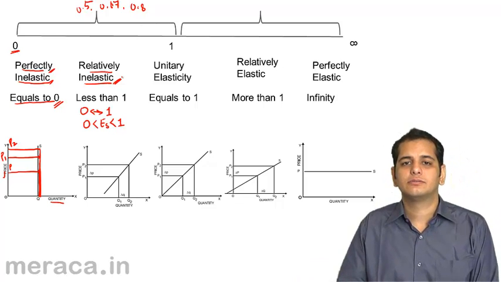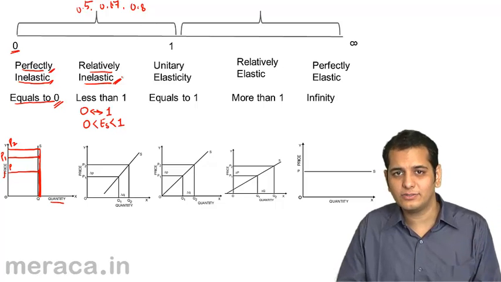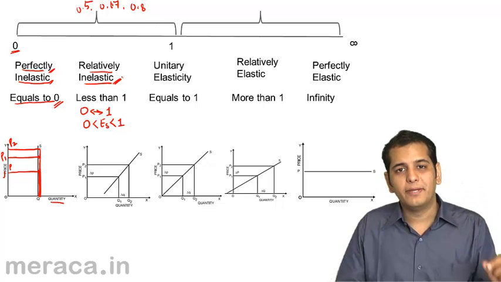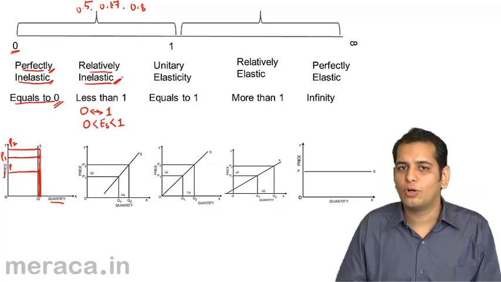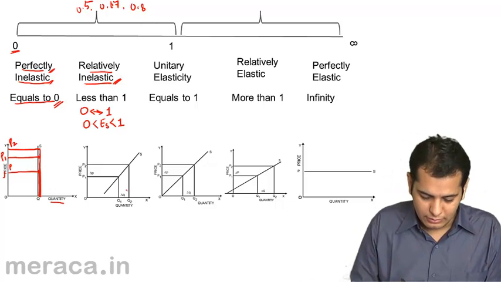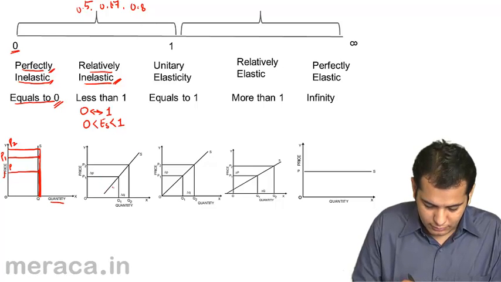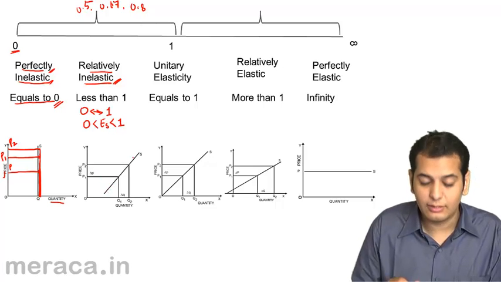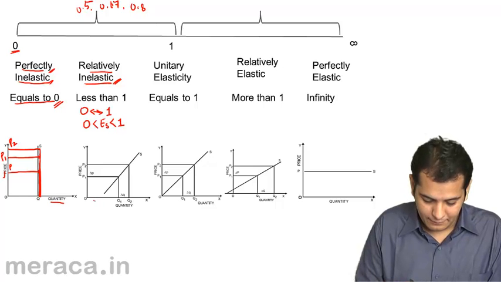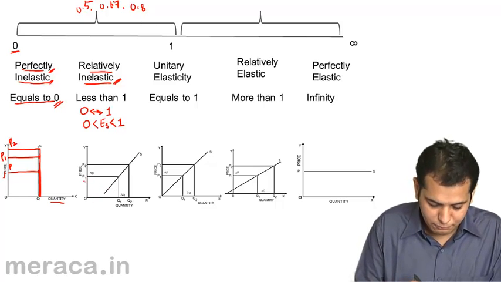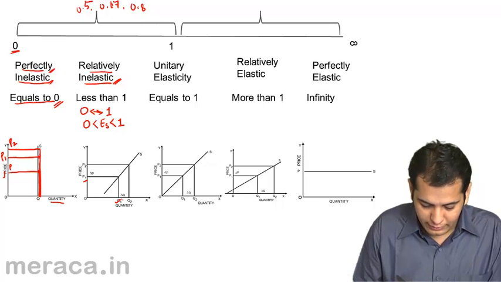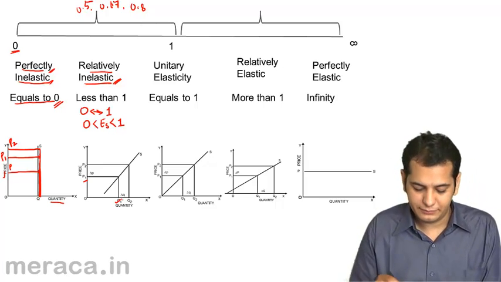That means a bigger change in price brings a smaller change in quantity supplied. You can see in the graph given below. Originally, at price P1, quantity Q1 is being supplied.